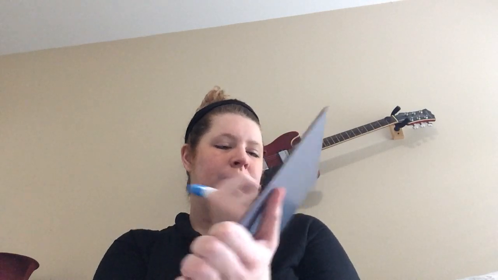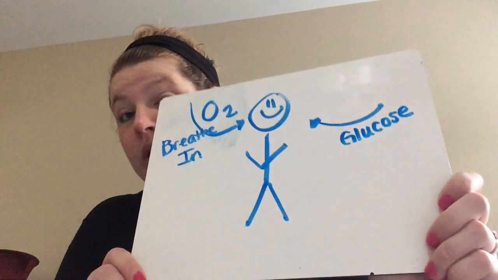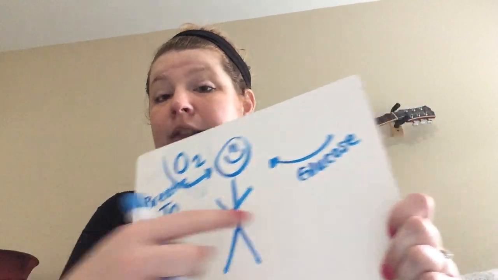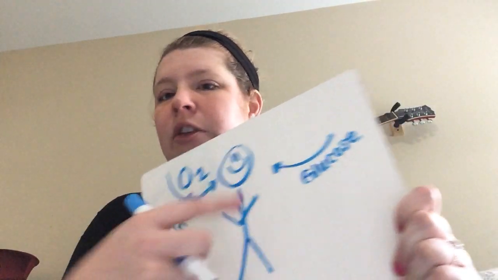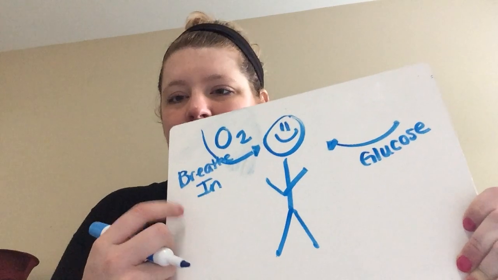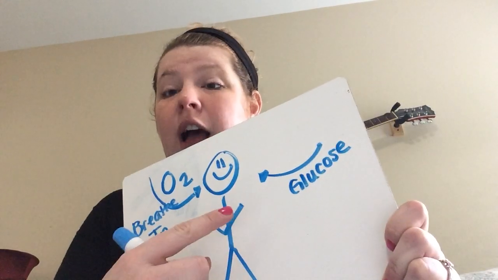You also take in glucose. Now, you don't necessarily need glucose in order to do this whole cellular respiration process. It helps, but there's always some other sugary way. But oxygen is the big one. So they breathe in oxygen.